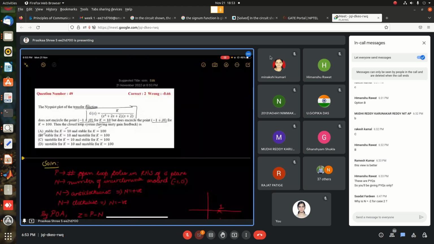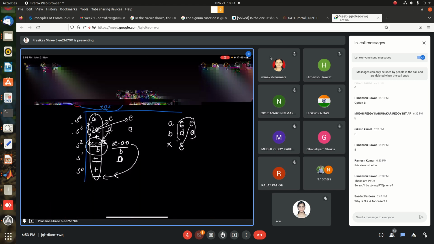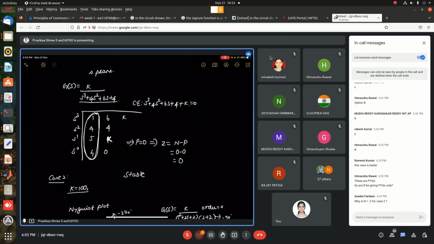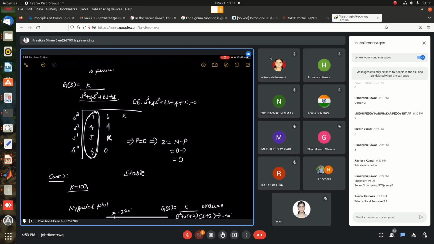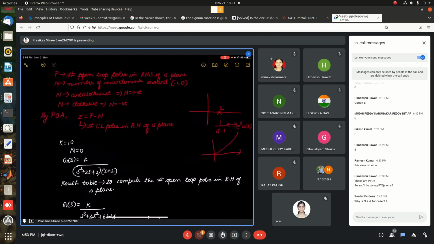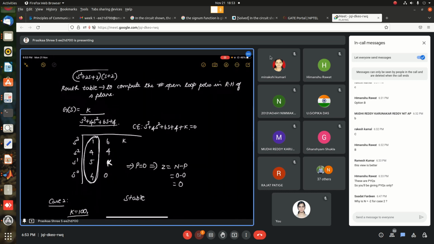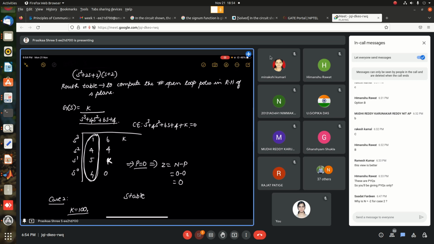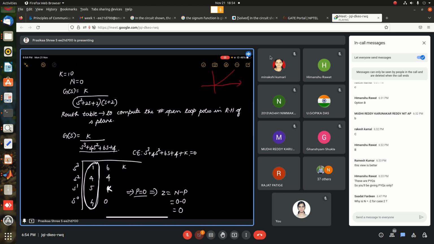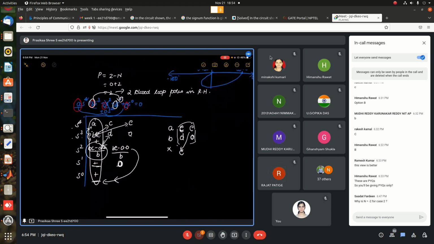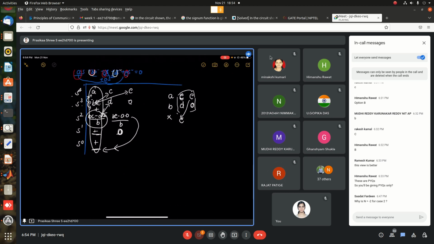In this example, we used the Routh array to compute the number of open loop poles falling in the right half of the s-plane. We found there are 0 poles there, through finding the number of sign changes in the first column. Similarly, if there are two sign changes, right?